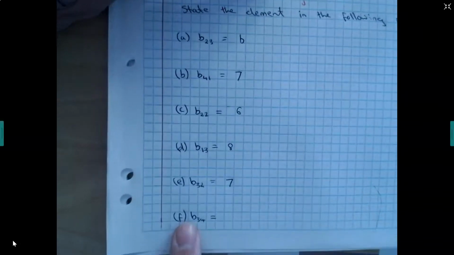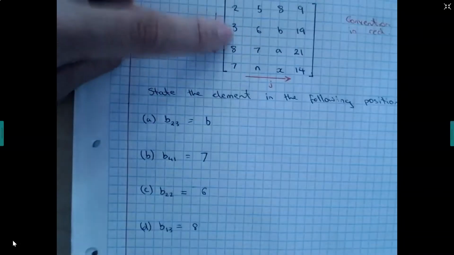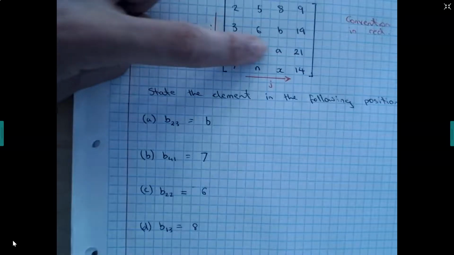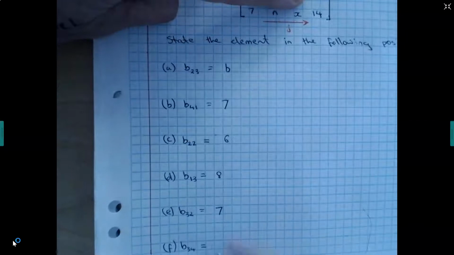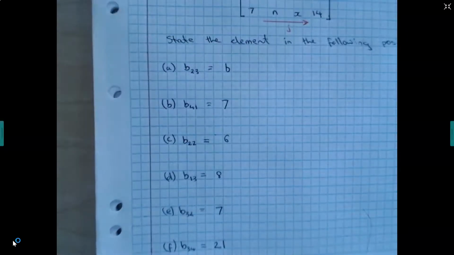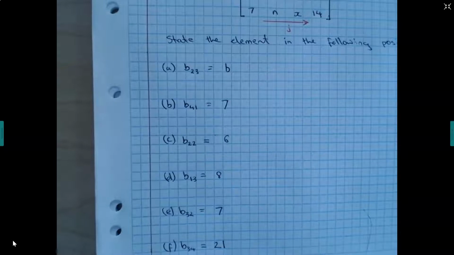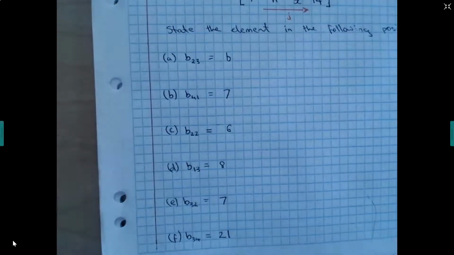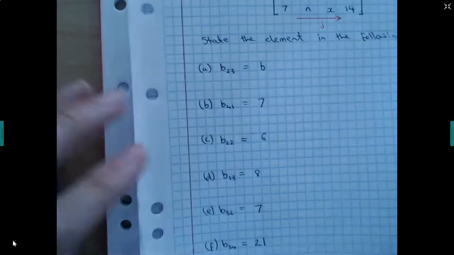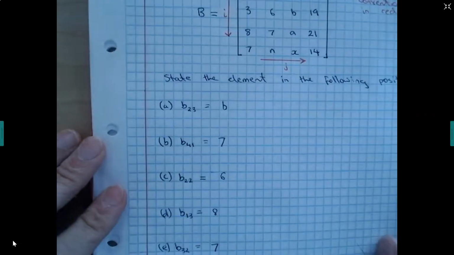And then the last one, B34, 1, 2, 3, 1, 2, 3, 4. So that one would be 21. So that's just a little way that we can denote what number is in a certain spot of a matrix. So you just need to be aware of that. I don't want you to necessarily write that. Like I said, I'll scan that page because there's a lot of writing there just to show you a bit of a convention. Does anyone have any questions about that?